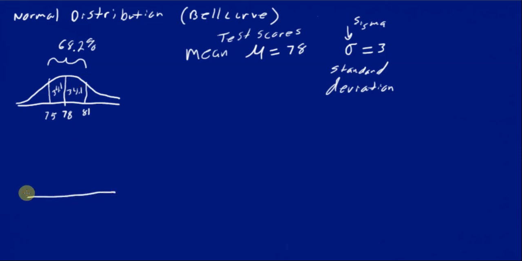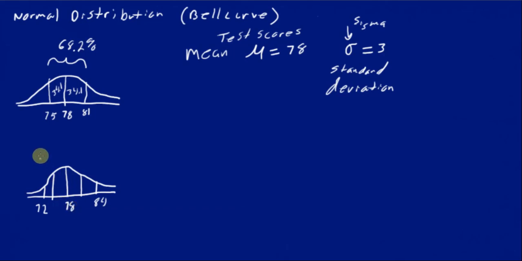And let's just draw another normal distribution that's not quite normal looking, but you know what I'm trying to do here. And let's go 2 standard deviations above the mean. So if I add 3 more to this 81, that would become 84. There's my 1 standard deviation, 2 standard deviations. And if I subtract 3 more from the 75, that is a 72, with a mean of 78.